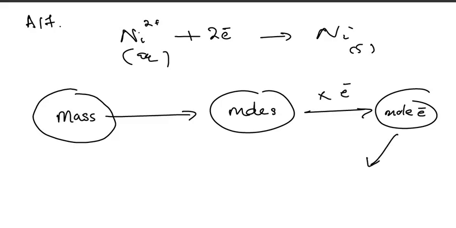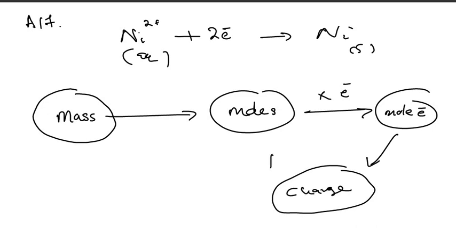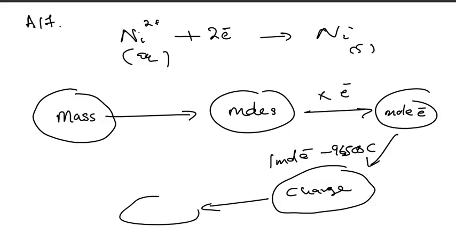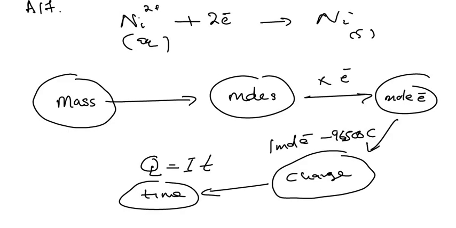From the moles of electrons, you get the charge, because 1 mole of electron is equal to 96500, Faraday's constant. Then this will give you the time that was needed, where the charge is equal to current times time, Q = It. This is the normal roadmap that we use to solve any question that involves electroplating in electrochemistry.